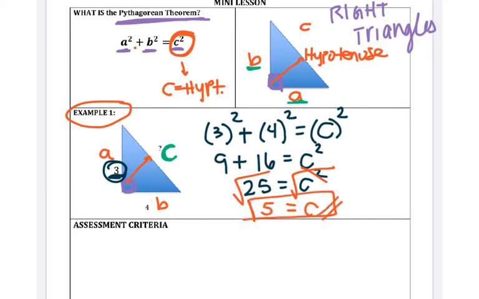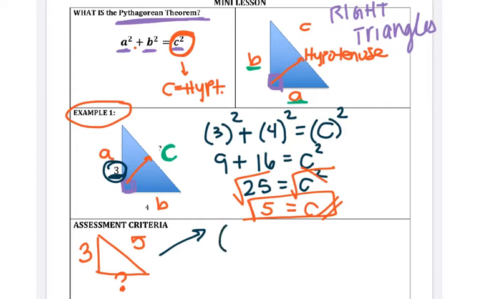I want us to be careful because sometimes we are actually given a c value. For instance, if we have another triangle, or if the triangle was labeled so that the 5 was given, the question mark was down here, and the 3 was here, I want you to be very careful that your formula will look slightly different.